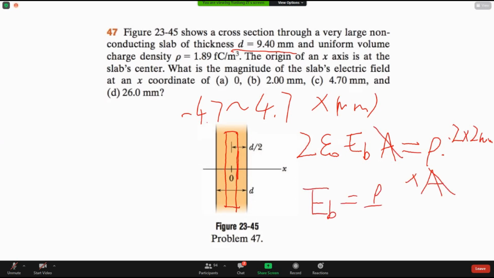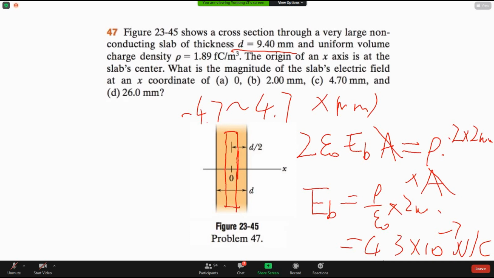This is by my calculation; if you have time to calculate, you can check. So 4.3 times 10 to the minus 7.